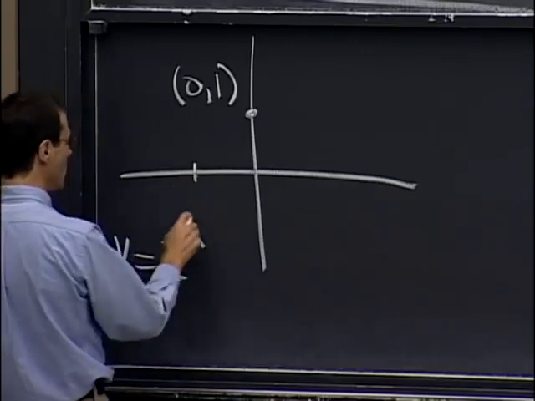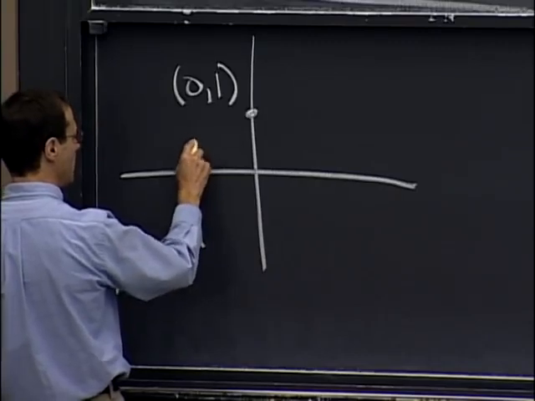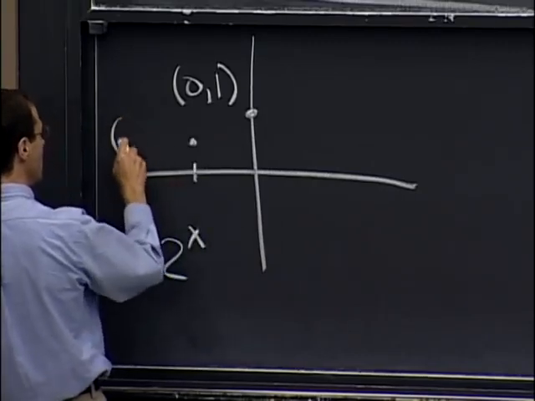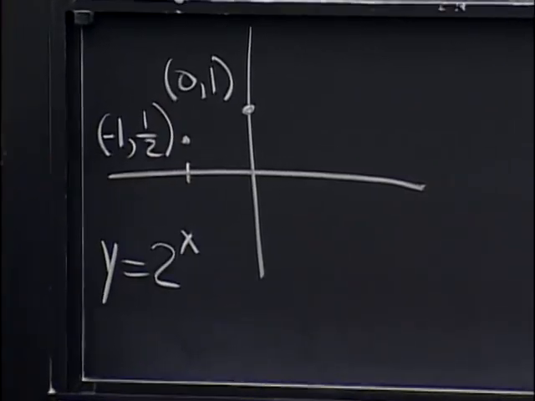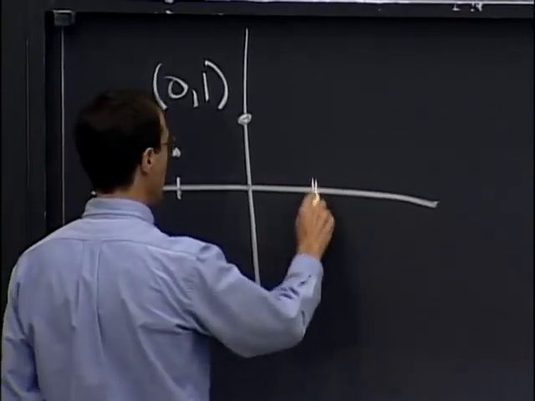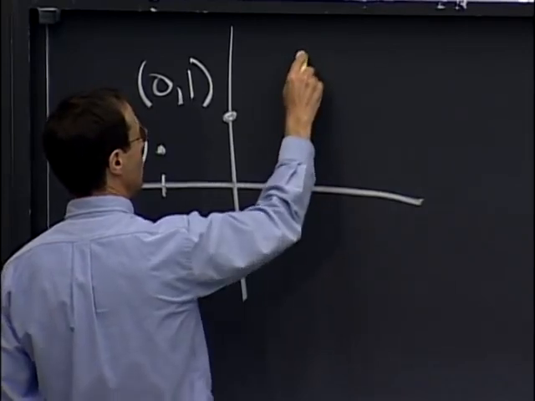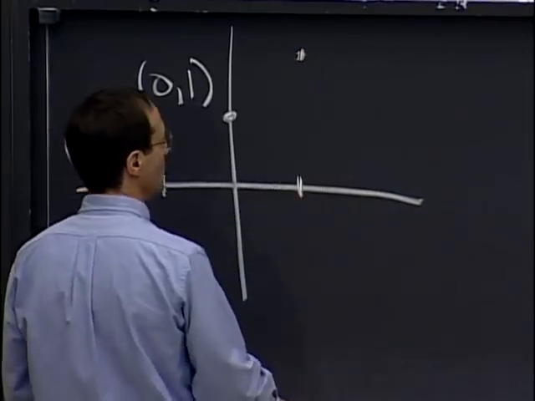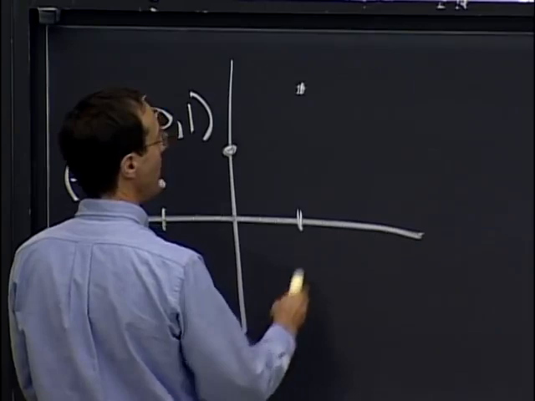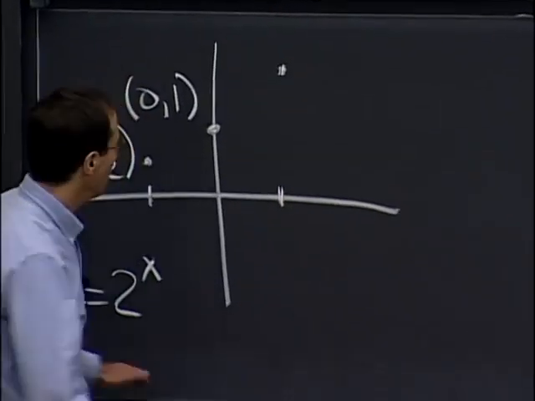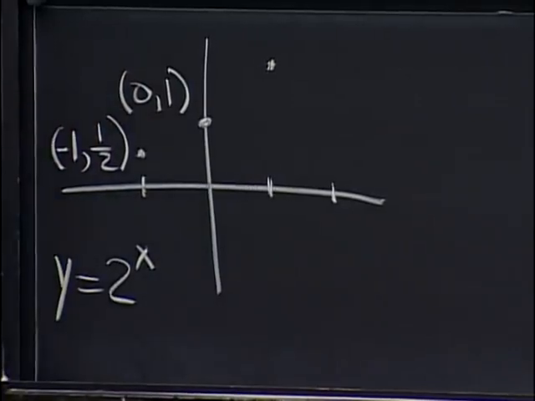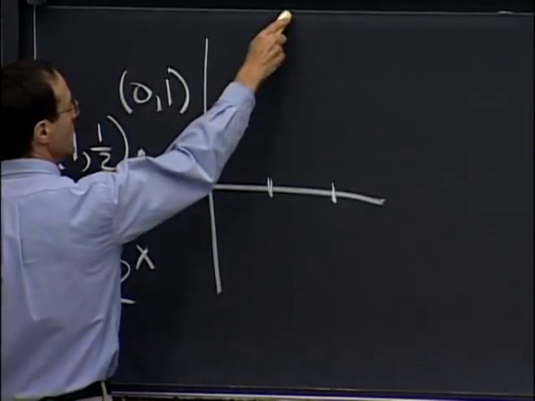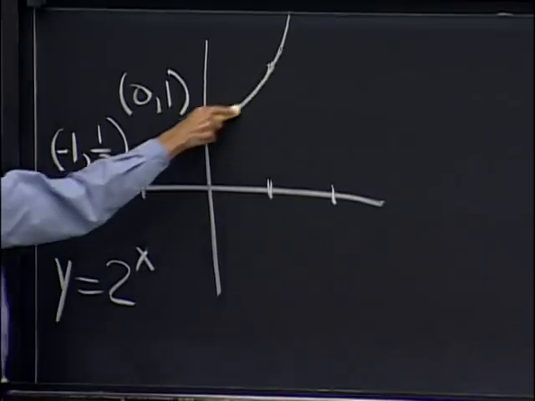And 2 to the minus 1 is this point here. This is minus 1, 1/2, the reciprocal. And over here we have 1. And so that goes all the way up to 2. And then exponentials are remarkably fast, so it's off the board. What happens next? Out at 2, it's already above my range here, but the graph looks something like this.